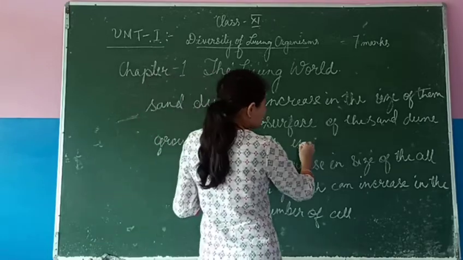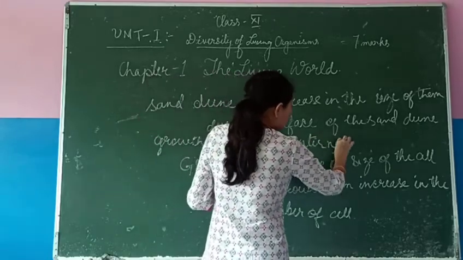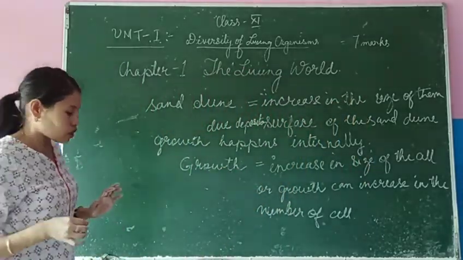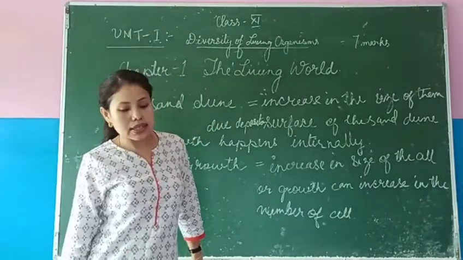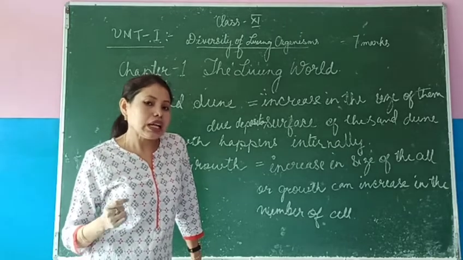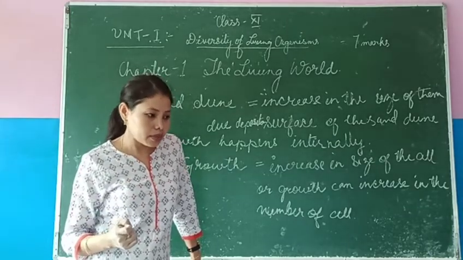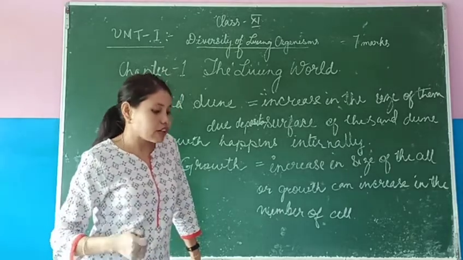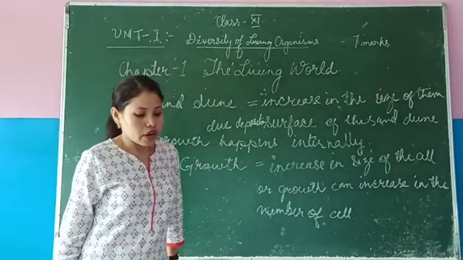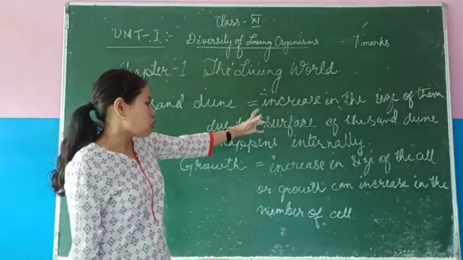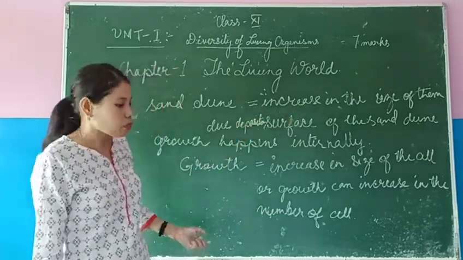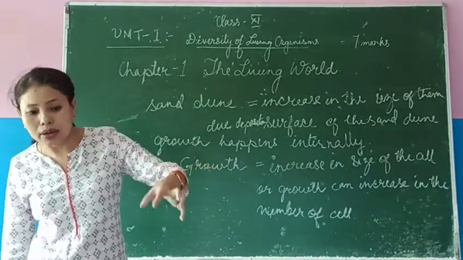Growth happens internally. So basically, when we talk about growth in living and non-living things, we can say that growth in a living organism occurs internally, from inside, whereas in a non-living thing, growth is sometimes just external, such as the deposition of some extra sand. You can also see some mountains becoming taller day by day.